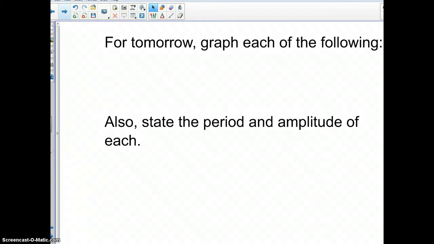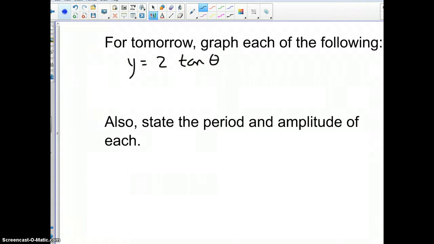All right, so lastly, for tomorrow, I'd like you to take a look at each one of the following. y equals 2 tangent of theta, okay, and secondly, y equals the tangent of 2 theta.